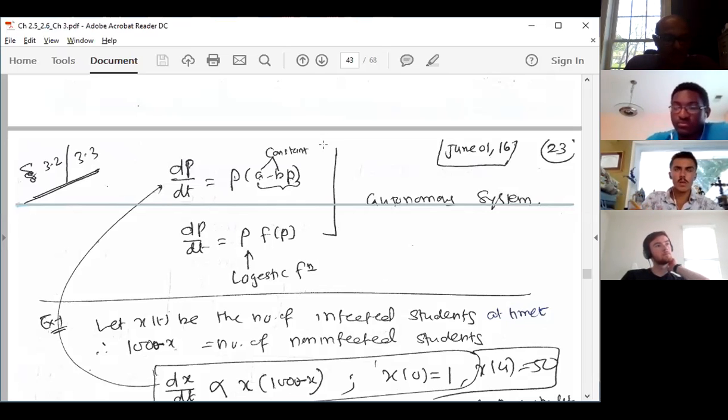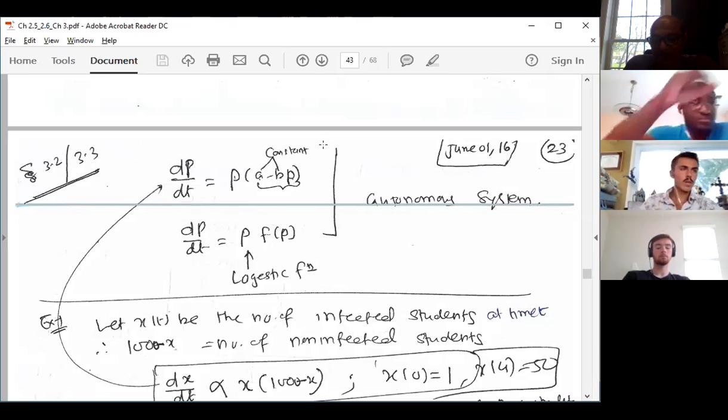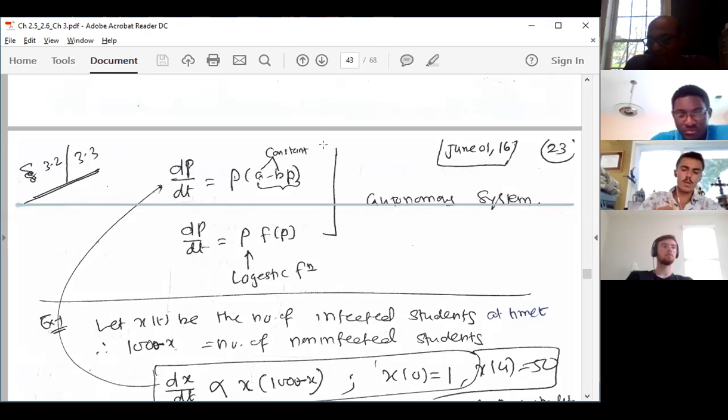In the beginning of this chapter we discussed this type of problem. Suppose somebody is infected by coronavirus or by flu, and he's the only guy infected. If he comes to the campus, all other guys are good, but he is the only one infected. That means when time t equals 0, just one guy was infected.